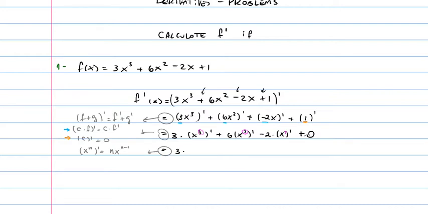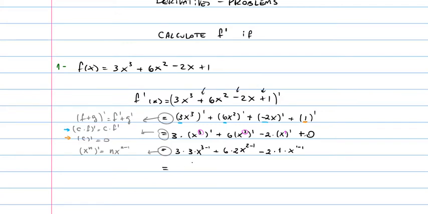So we're going to have 3 times, we first lower the exponent, that is 3, times x to the 3 minus 1, plus 6 times, we lower the exponent, 2 times x to the 2 minus 1, minus 2 times 1 times x to the 1 minus 1, and that plus 0.